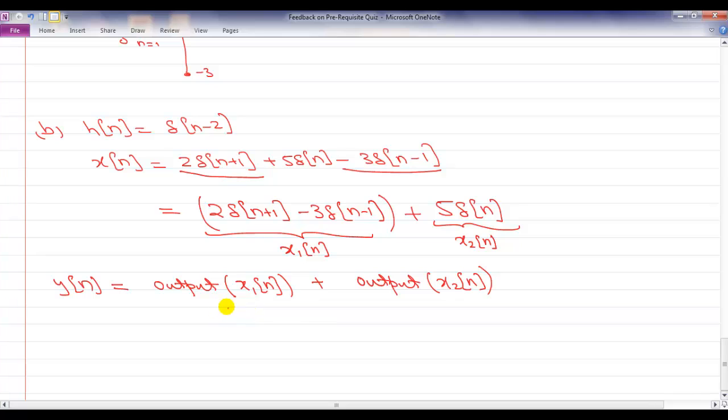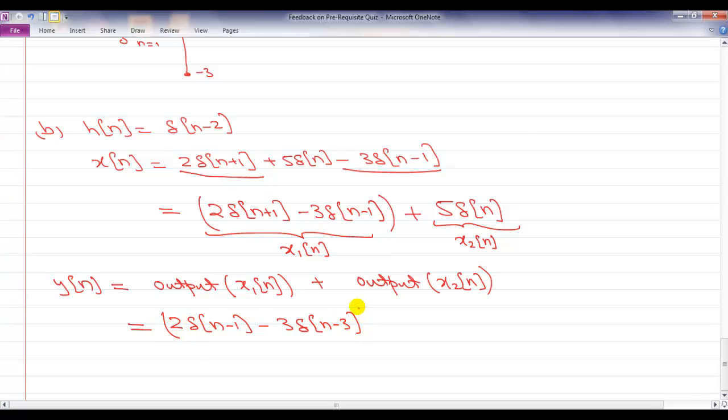Now, what is the output of x1 of n? As we said earlier, x1 of n is exactly what we have in part A, and we computed that output, which is 2 delta of n minus 1 minus 3 delta of n minus 3.